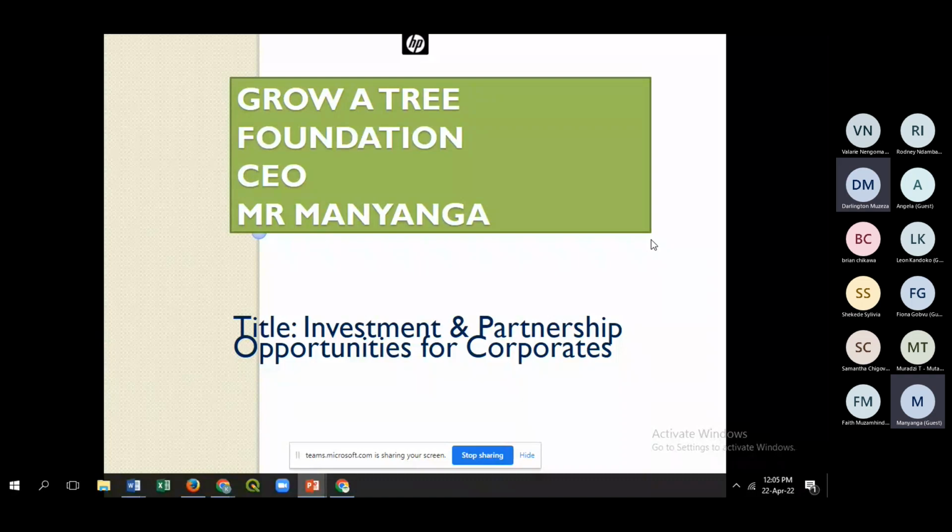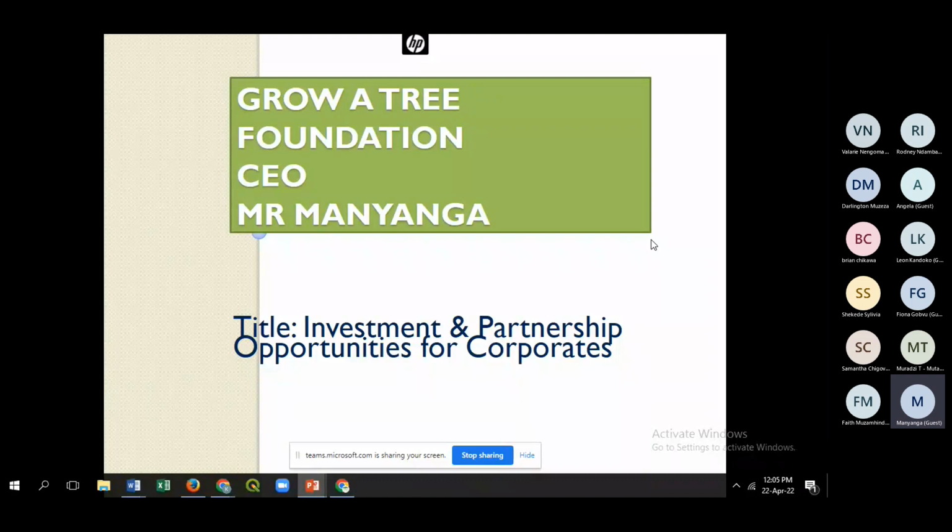We have a Green Schools initiative where we link our schools with corporates. So a corporate like Dairyboard can adopt a school of its own choice and begin to sponsor activities that will contribute to reducing global greenhouse gas emissions and also to the international climate action agenda.